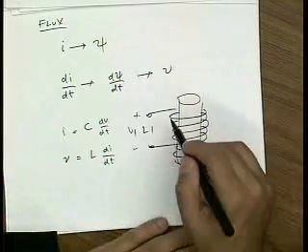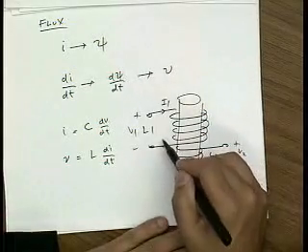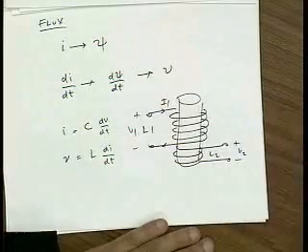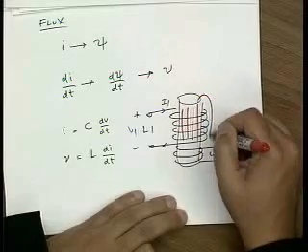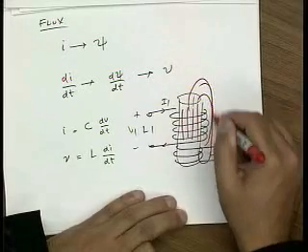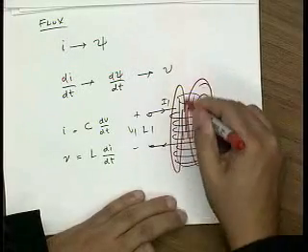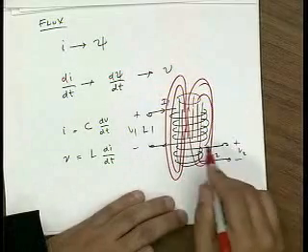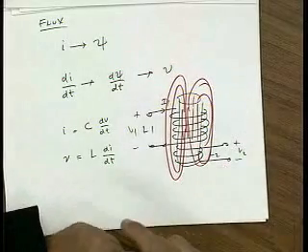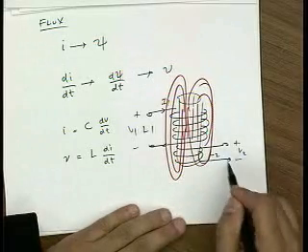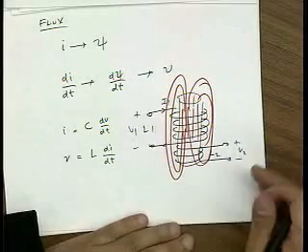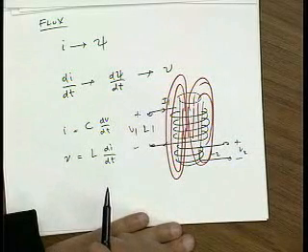We can see that if I pass a current I1 through this, it will generate some magnetic flux, and some of that flux will cross into circuit 2. And that flux, if it changes, generates a voltage on port 2. So this is the physical mechanism for how coupled inductors work.